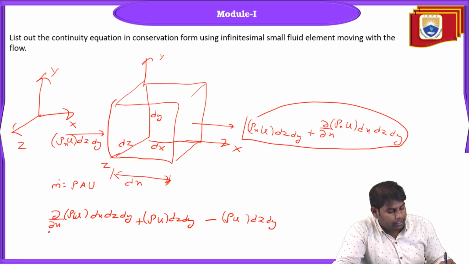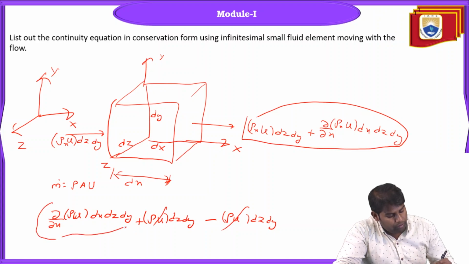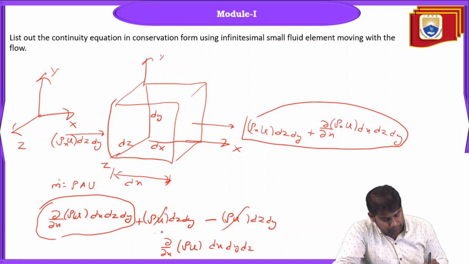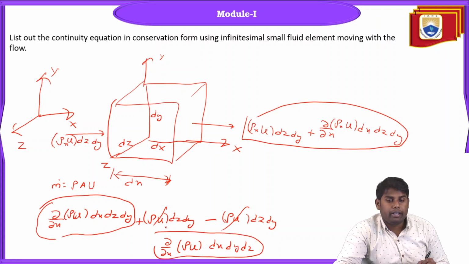So this is along x. This one will get cancelled. So the contribution from x is dou by dou x of rho u into dx dy dz.